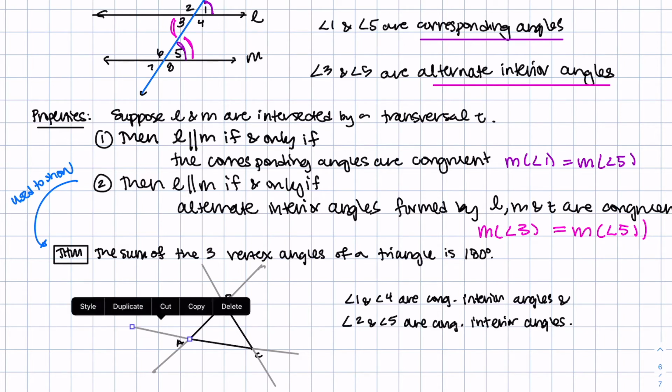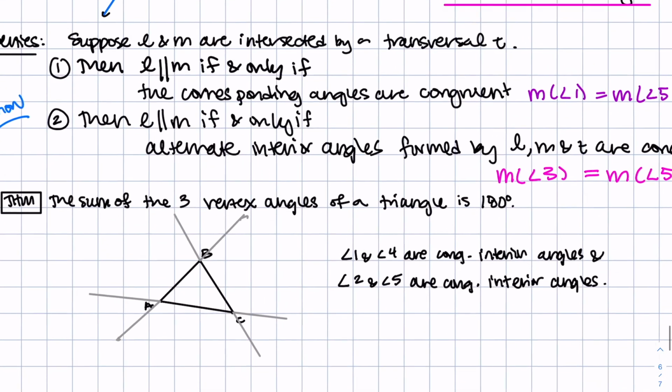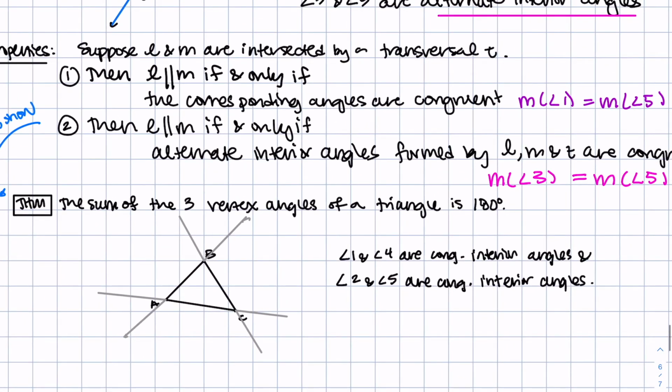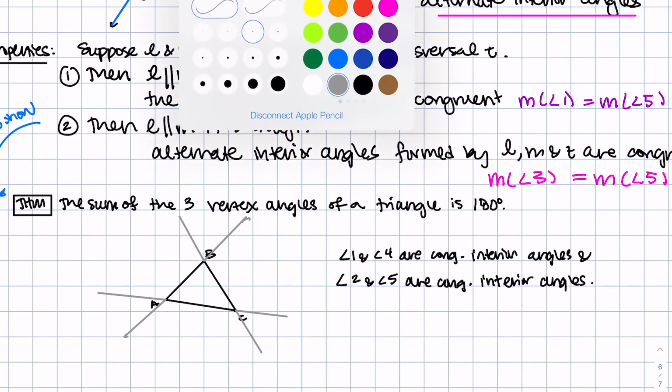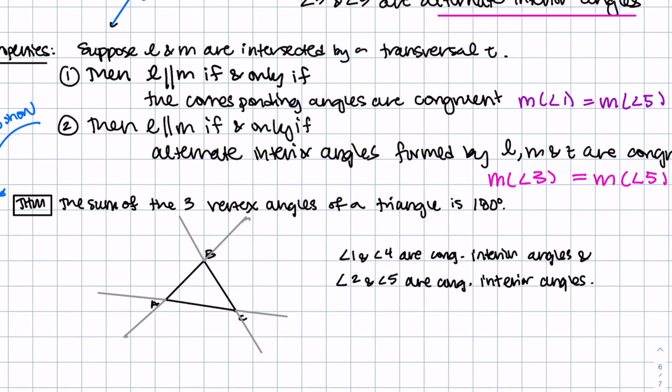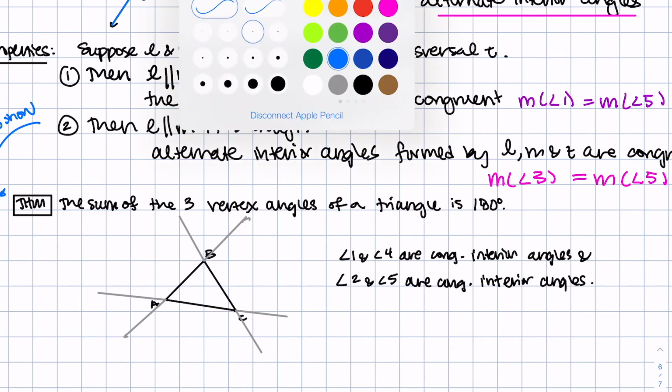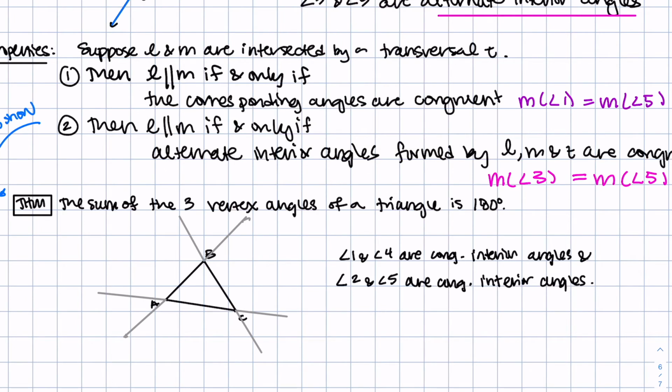Great, so we're just continuing the lines that form the sides of this triangle and looking at what angles are formed when we do that. Let's call the interior angles of the triangle 1, 2, 3.